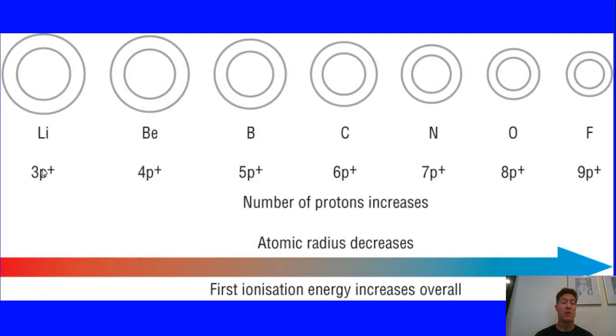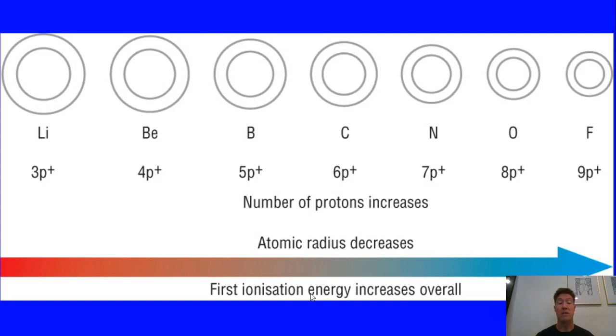So here's another way of showing. As we go from lithium, which has 3 protons, beryllium has 4, 5, 6, 7, 8, 9. And as we increase the number of protons, we're going to decrease our atomic radius because it is the nuclear charge, the increasing nuclear charge, pulling harder and harder on those outer electrons.